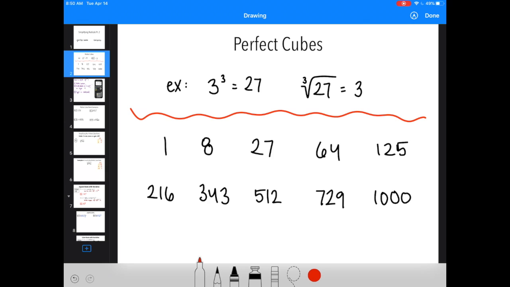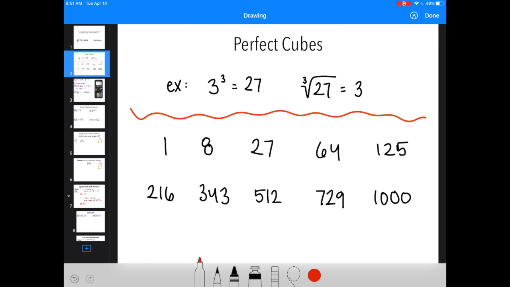So typically when I'm doing these types of problems, I have my list of perfect cubes right next to me. You can easily type this into your calculator and find these perfect cubes, but remembering them right off the bat, that's a challenge for me. So if you are the same, you're more than welcome to write these and have these off to the side, because when we simplify those radicals, you're going to need to know these.